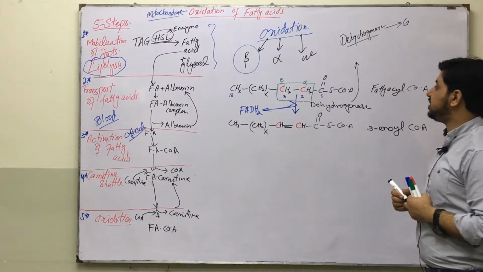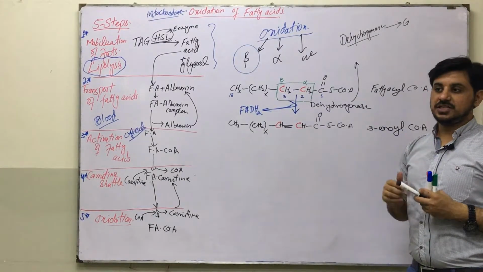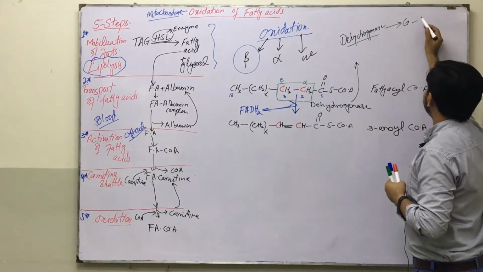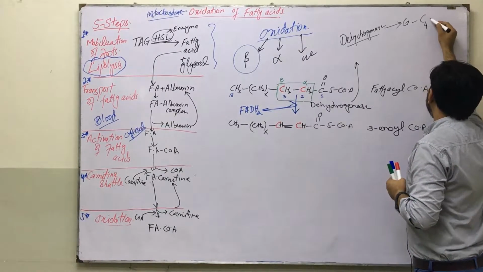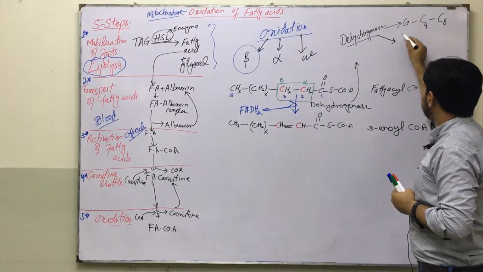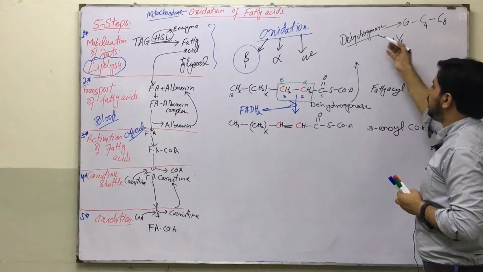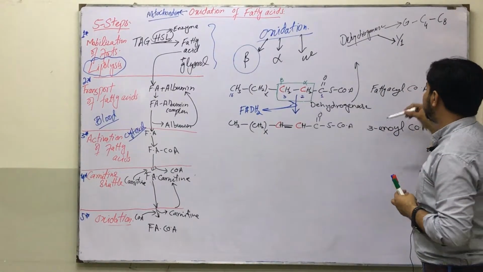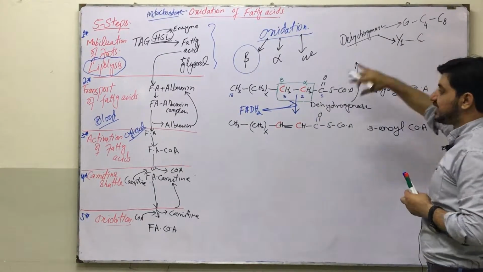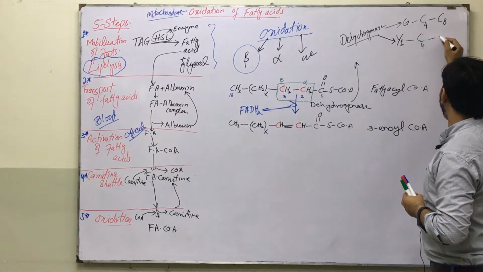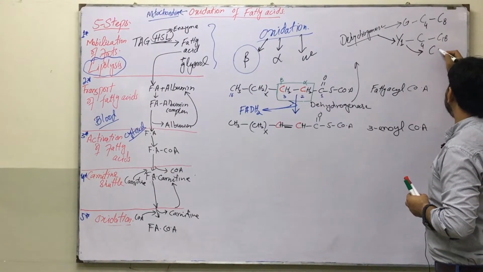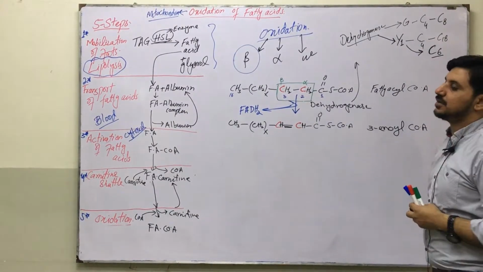G is a green colored isoform, and this is specific for the fatty acids having a chain length of 4 carbon to 8 carbon. The second one is Y1, yellow colored flavoprotein dehydrogenase enzyme, and this one is specific for fatty acids having a chain length of carbon number 4 to carbon number 18, and it is more specific for fatty acids having a chain length of 6 carbons.